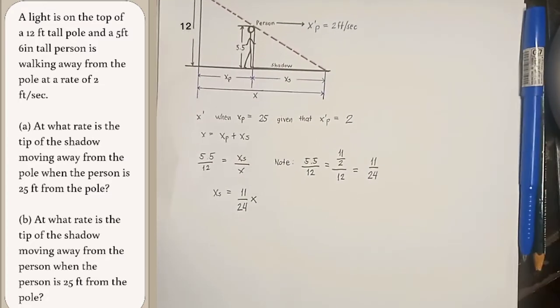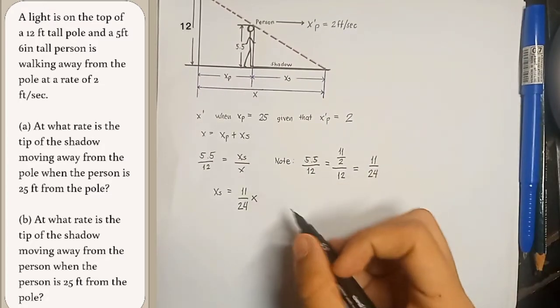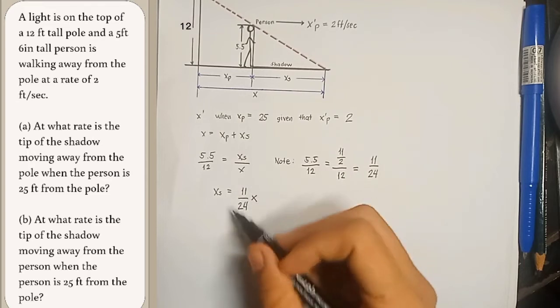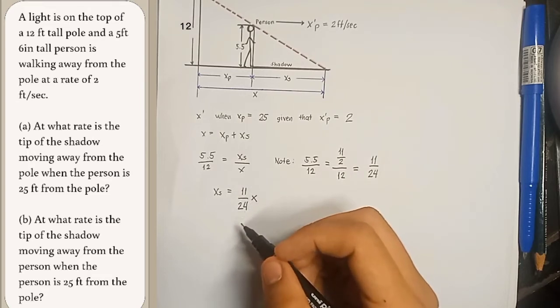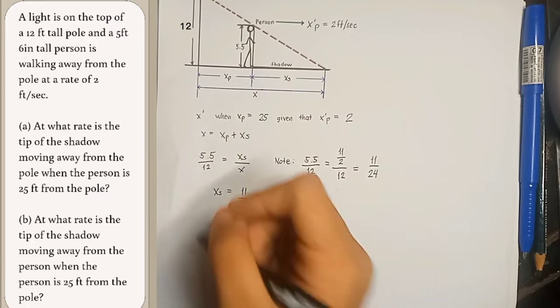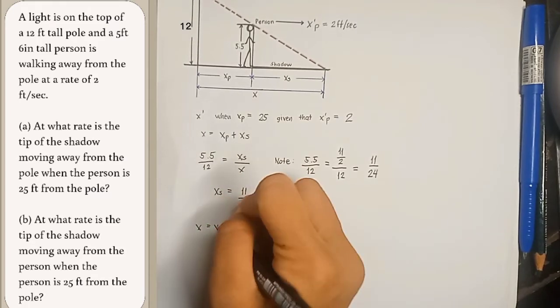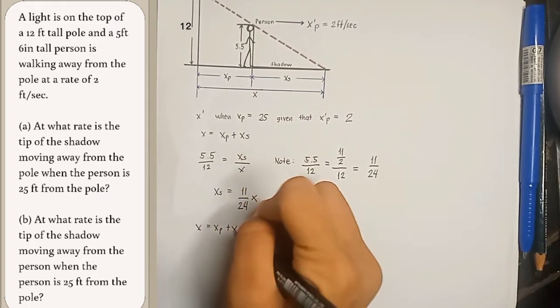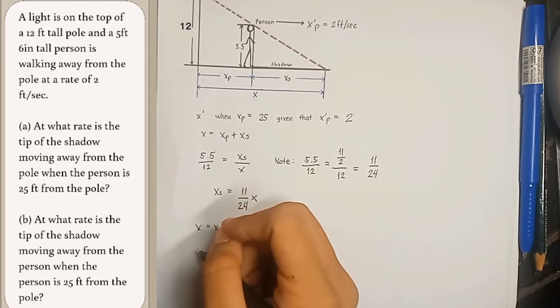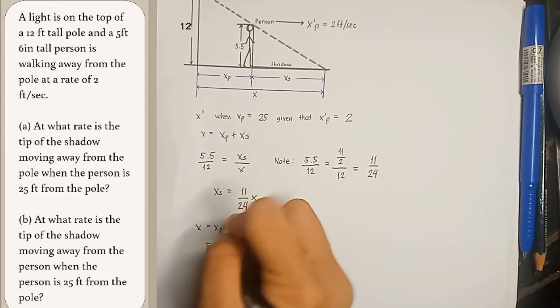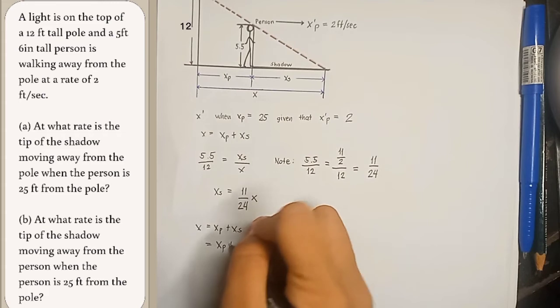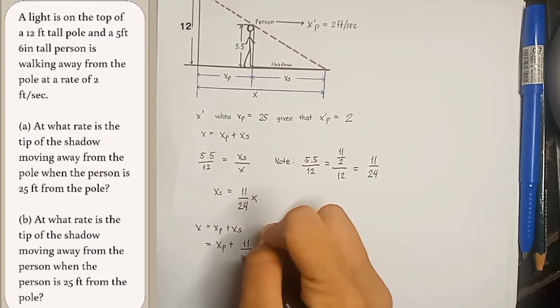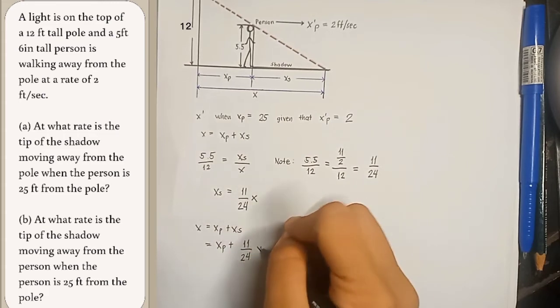From this, we can quickly see that x sub s is equal to 11 over 24 x. Then, we can plug this into the equation above and solve for x as follows. x equals x sub p plus x sub s equals x sub p plus 11 over 24 x.